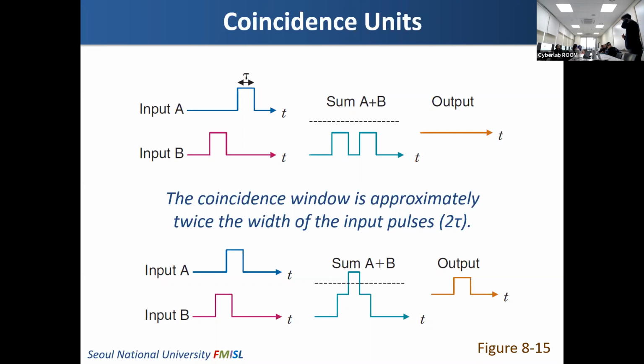So the main goal of the development of scintillation crystals nowadays is to improve the timing resolution, because there is some limitation in increasing the stopping power of the scintillating crystals.